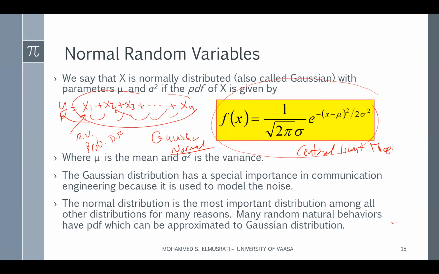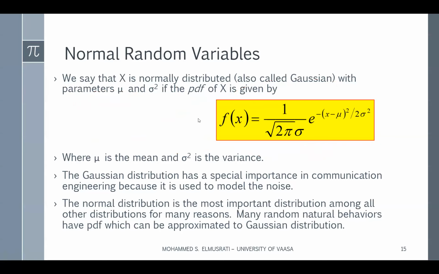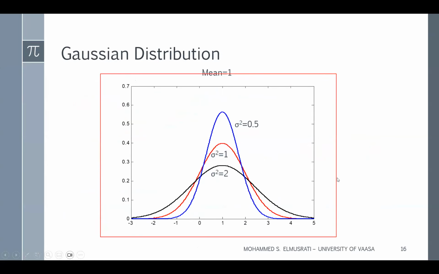Actually, many realistic behaviors could be distributed as a Gaussian distribution. Even the shape of the Gaussian, you can see the shape. We always have the mean. Many people are close to the mean, and then if you go here and there, the probability will decrease.